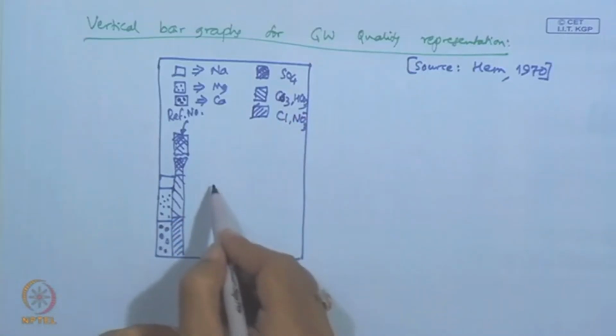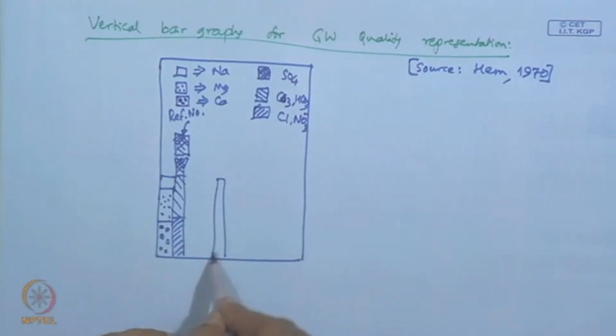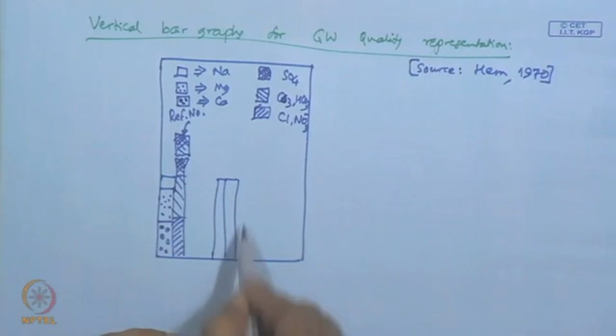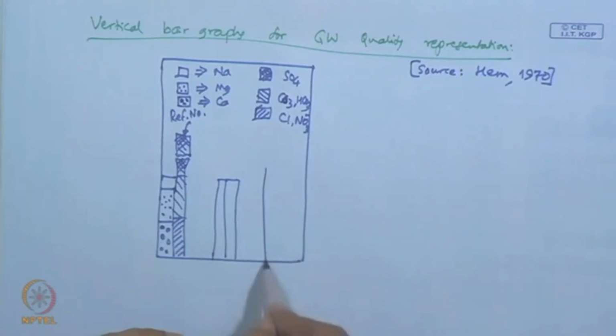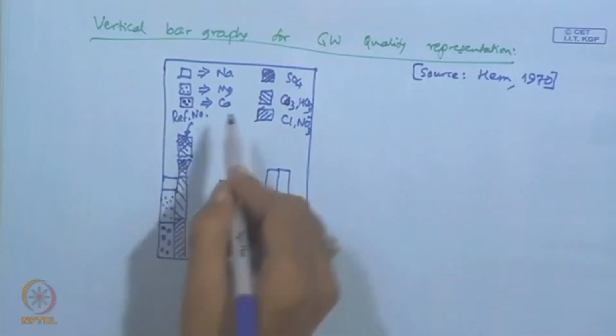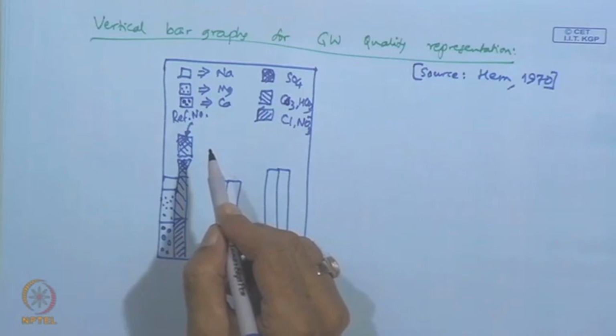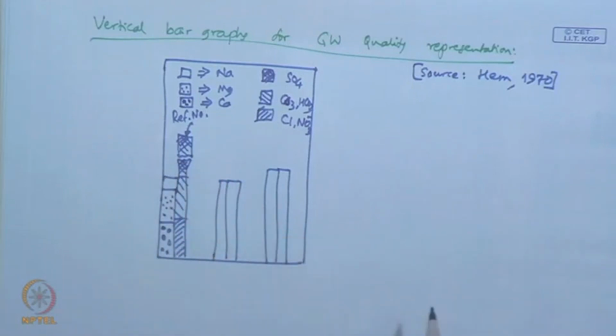So here there will be multiple vertical bar charts, each showing the concentration of different components, and on each one of them there will be a reference number.